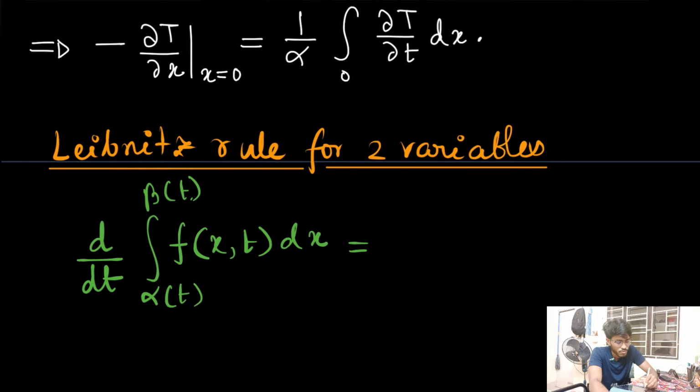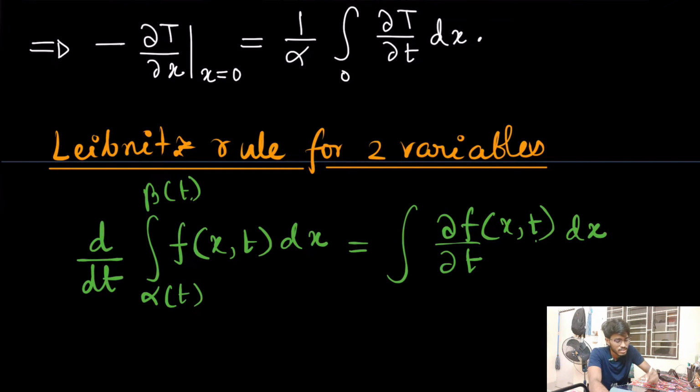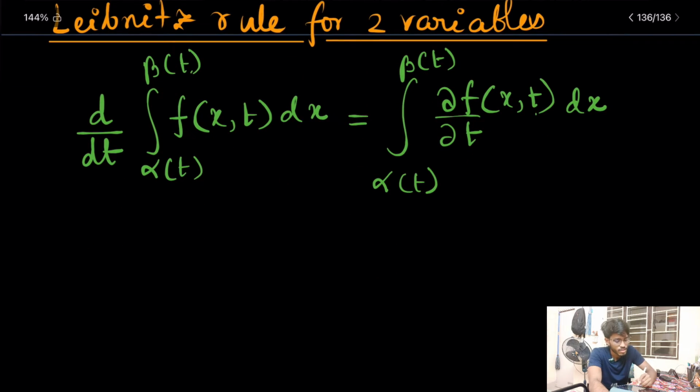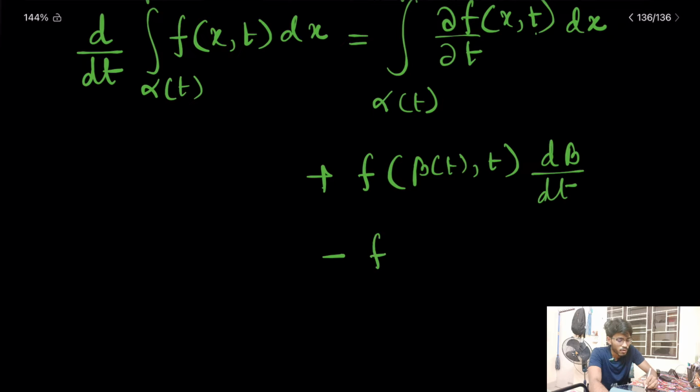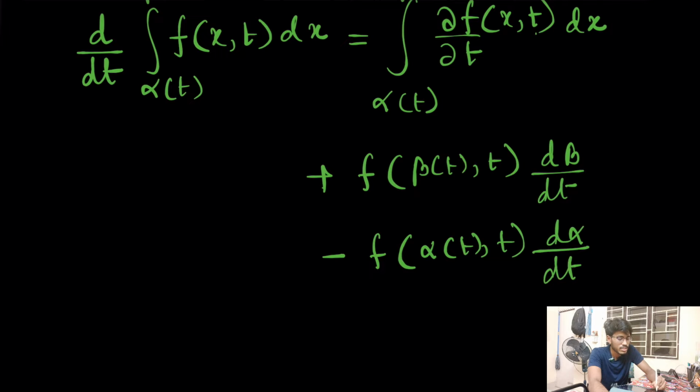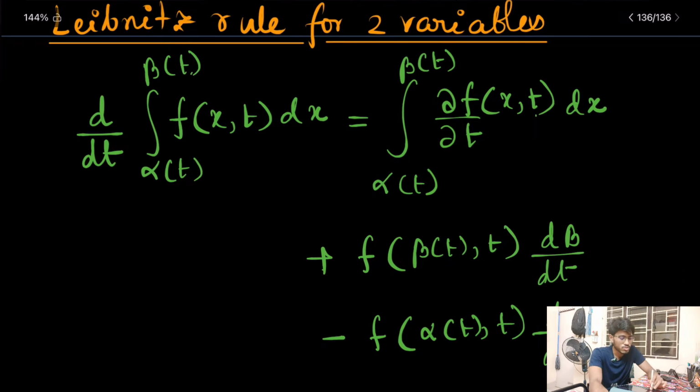That will be equal to del f del t dx from alpha to beta, where alpha and beta are functions of time, plus f of beta t comma t into d beta dt, minus f of alpha t comma t into d alpha dt. Clear? So this is the Leibniz rule.